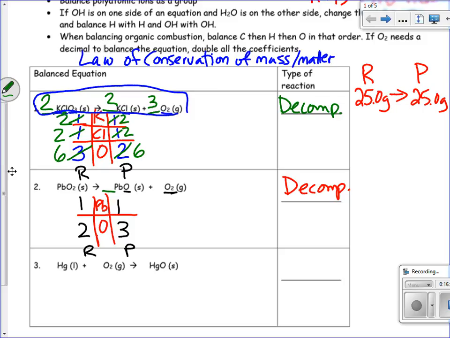Yeah, if I multiply this by a 2, that now makes this side a 2. So 2 times 2 plus 2 gives me 4 oxygens, right? But it also altered my leads, because lead now is a 2, because 2 times the 1 here makes it have a 2.